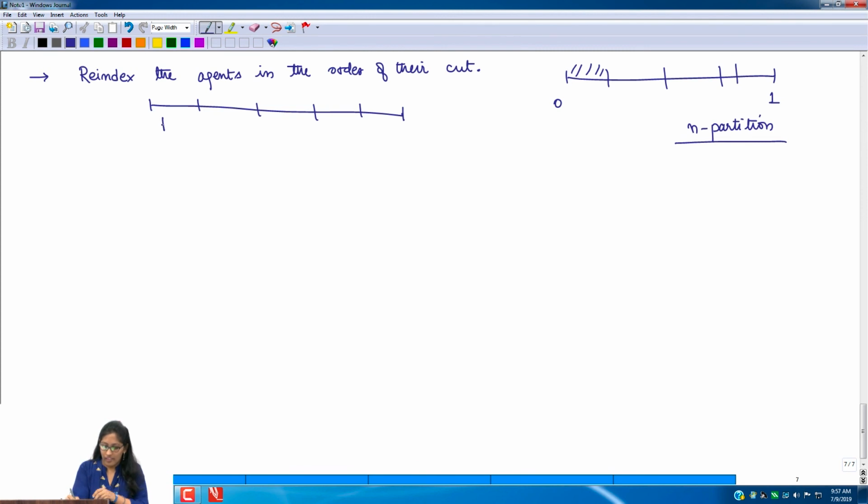So this particular piece is reserved by agent 1. This second piece is reserved by agent 2 and so on till n minus 1, which is reserved by agent n minus 1. And this particular piece is just the leftover piece. Any doubts?